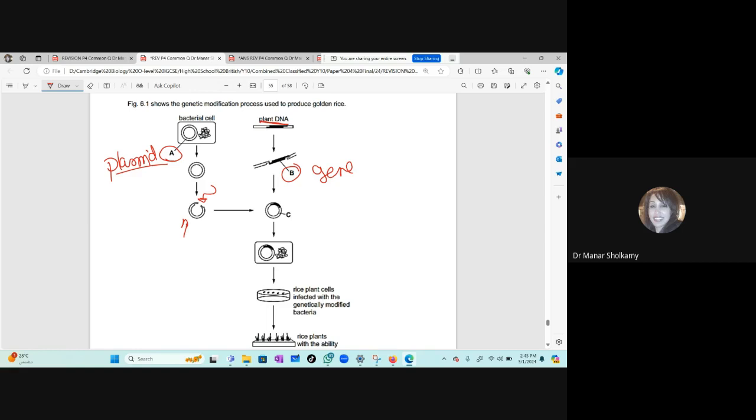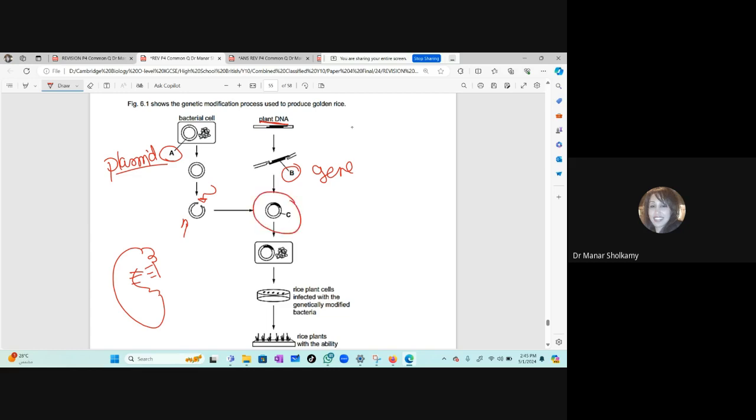I'm going to cut it with a specific restriction enzyme, and it's going to cut it with what? With sticky ends. What are sticky ends? Yes, these are short sections of exposed bases. Very good. And then I took the gene out.